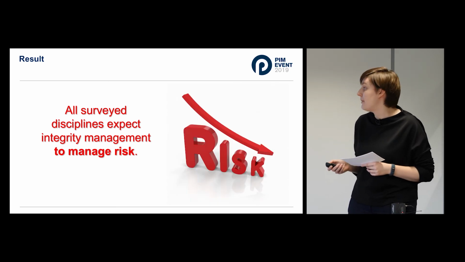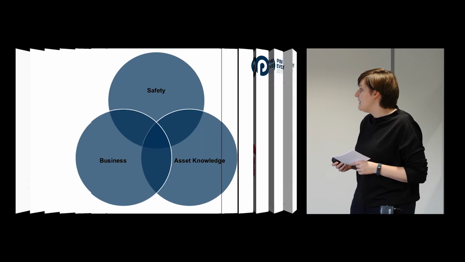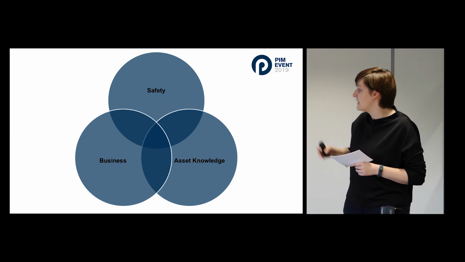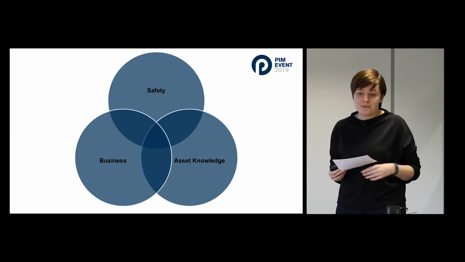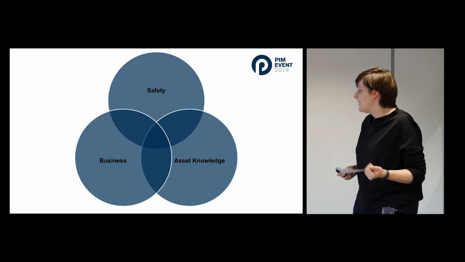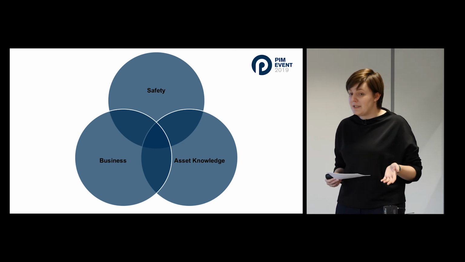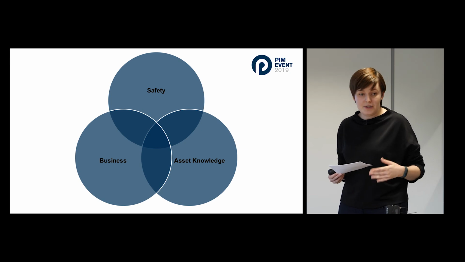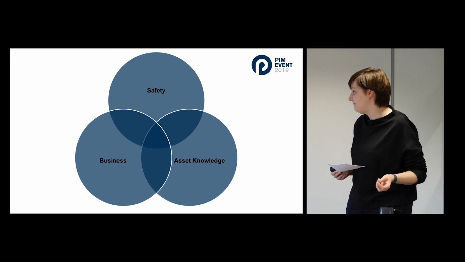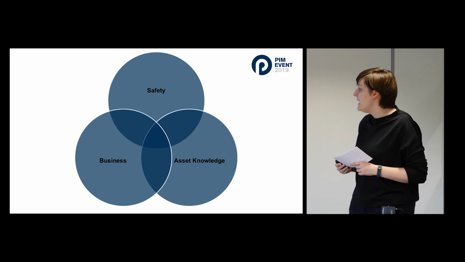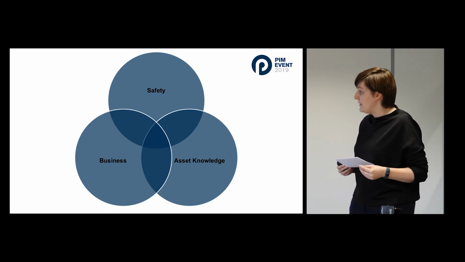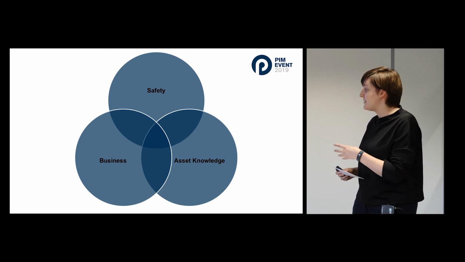Deeper analysis of replies shows that some professions are more interested in managing a safety risk, and here the perfect example is a safety engineer, some other in business risk like asset manager. However, majority is somewhere in between, and that's integrity, process or production engineers. Interesting is also that third-party contractors primarily expect from integrity management to share an asset knowledge.